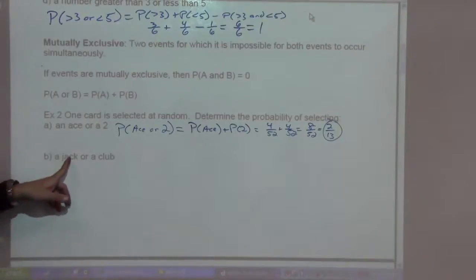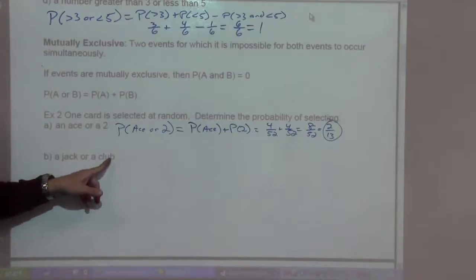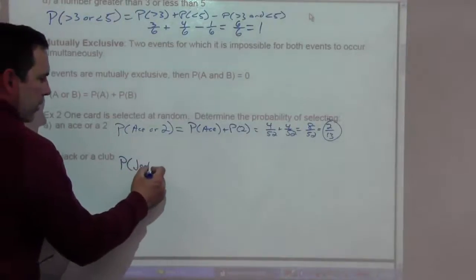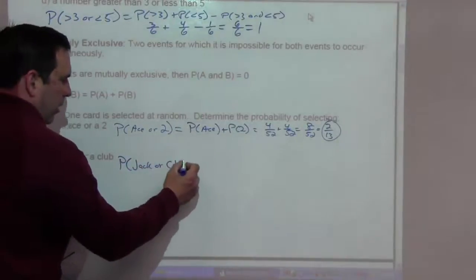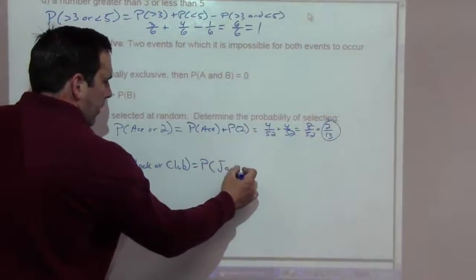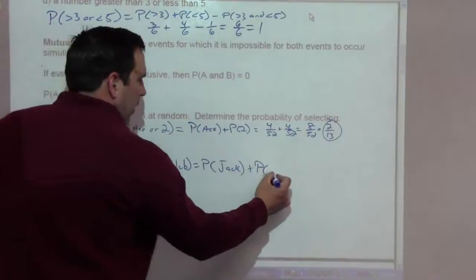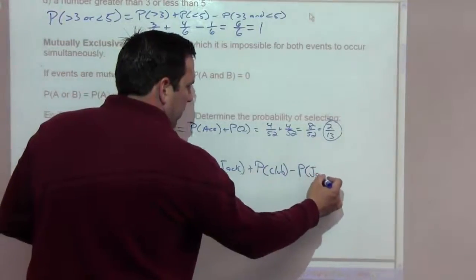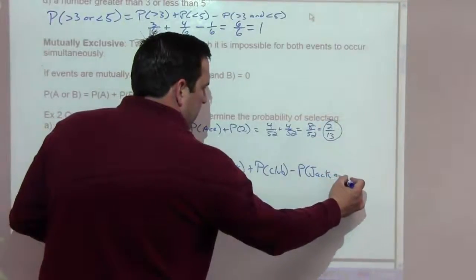A jack or a club. Now you can be a jack and a club. That's possible. So the probability of a jack or a club is going to be the probability of a jack plus the probability of a club minus the probability of a jack and a club.